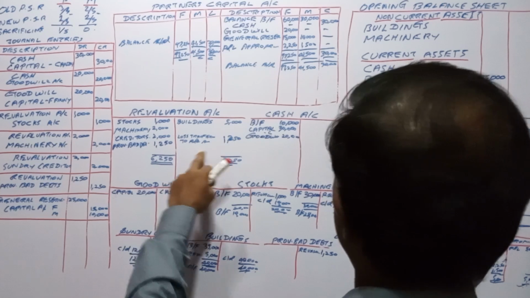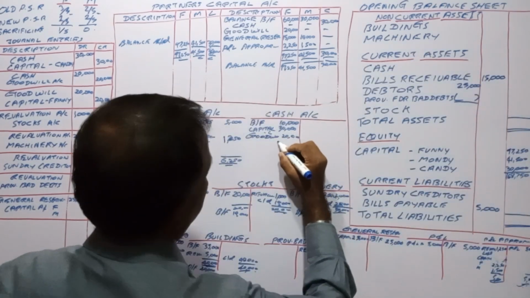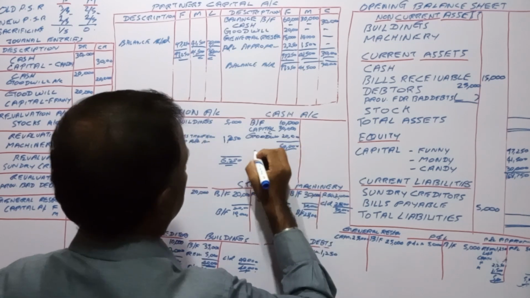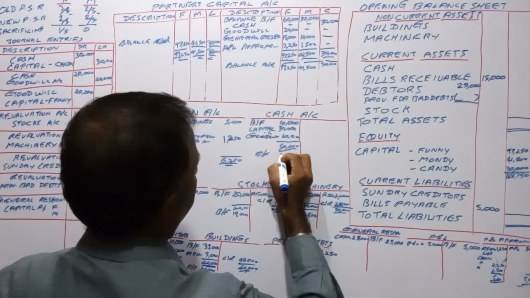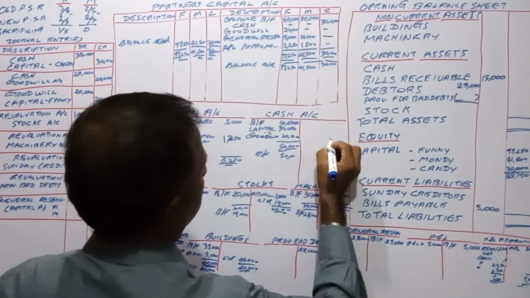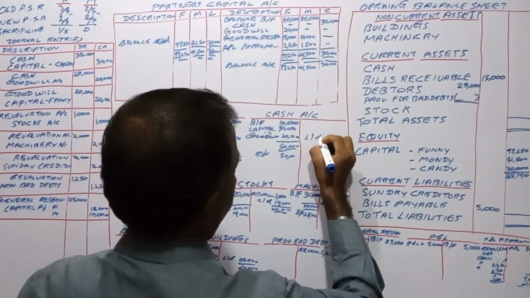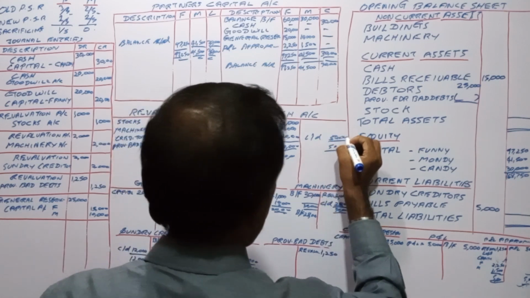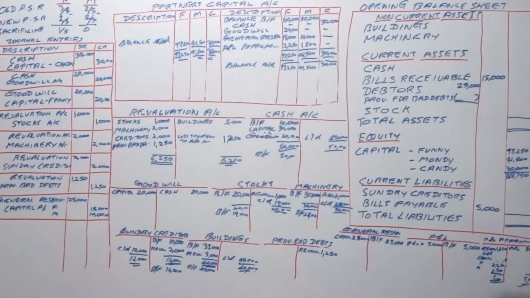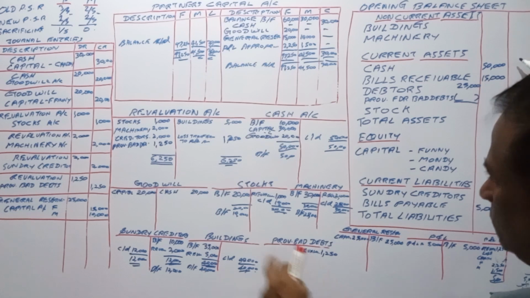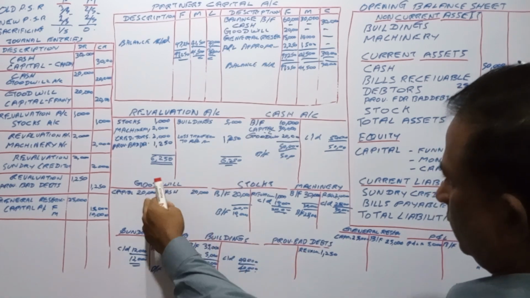This is closed. Cash balance should be 50,000, brought forward 50,000, carried down 50,000. Right? Cash balance 50,000. Goodwill finished.